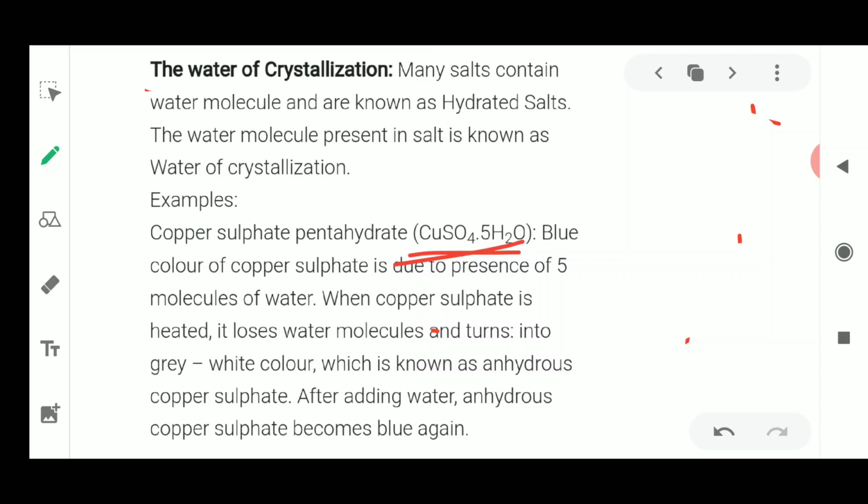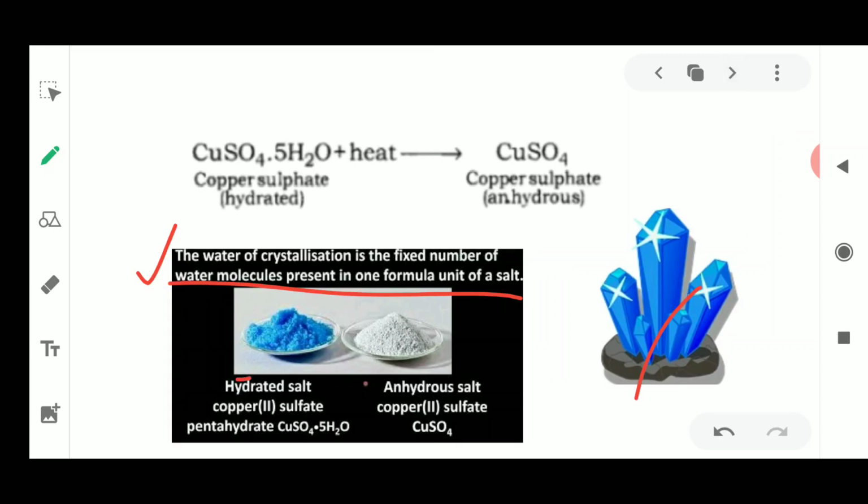as 5H2O, but where is that water present? Is that water going to moisten this salt? No, we are not able to find any kind of moisture in this copper sulfate pentahydrate. If we see these crystals, they are dry enough. Why is it dry enough?